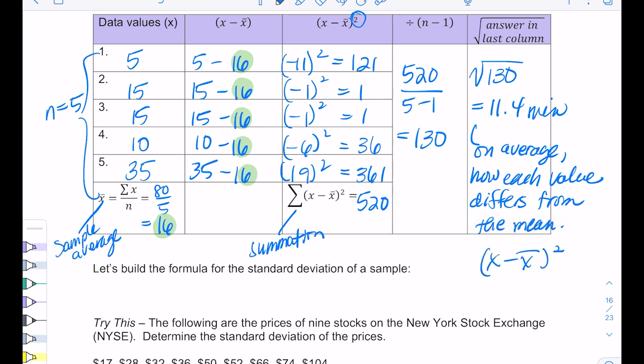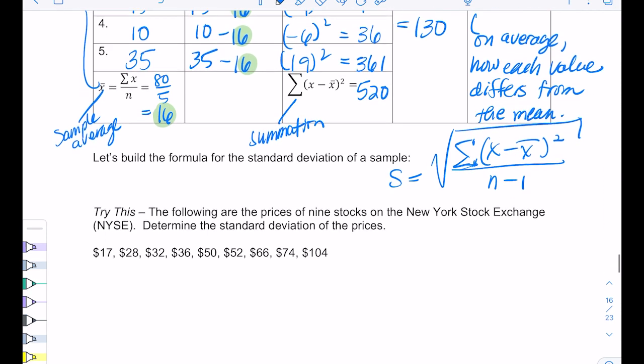We added all of them. Remember, the Greek symbol sigma is add. So we added all of the squared distances, and then we divided by the population minus 1, and then at the end we took the square root. So that's actually the formula we use for standard deviation. And all I did was just break it down into steps for you.